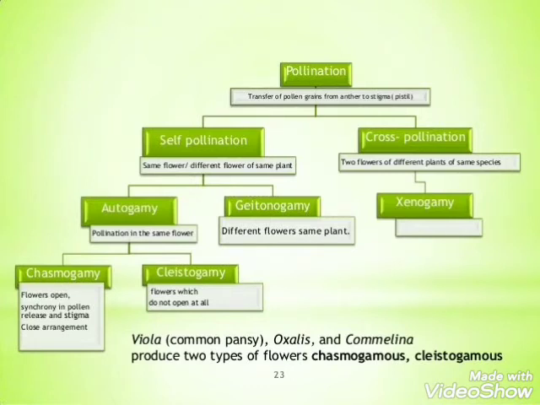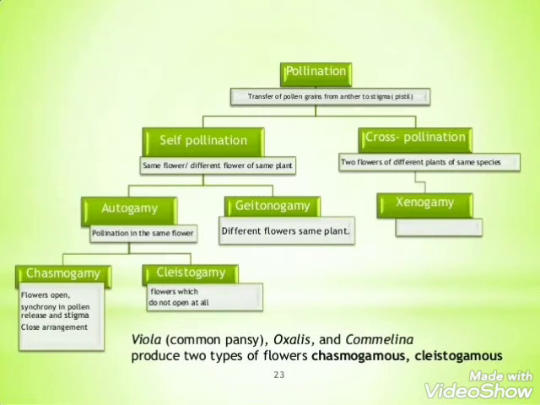Another method, cross-pollination, is xenogamy. Xenogamy is the transfer of pollen grains from the anther of one flower to the stigma of another flower of a different plant, for example papaya and maize.